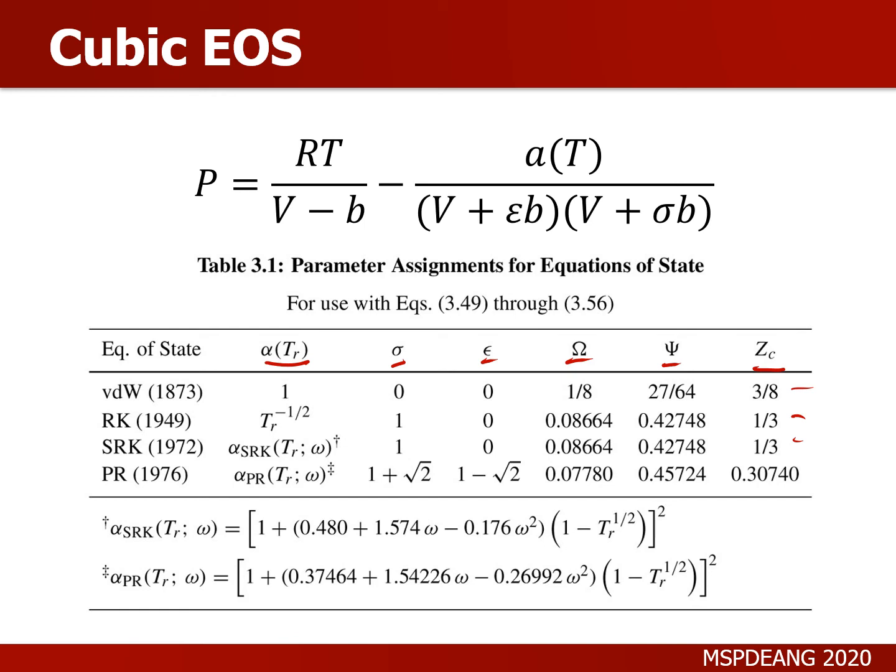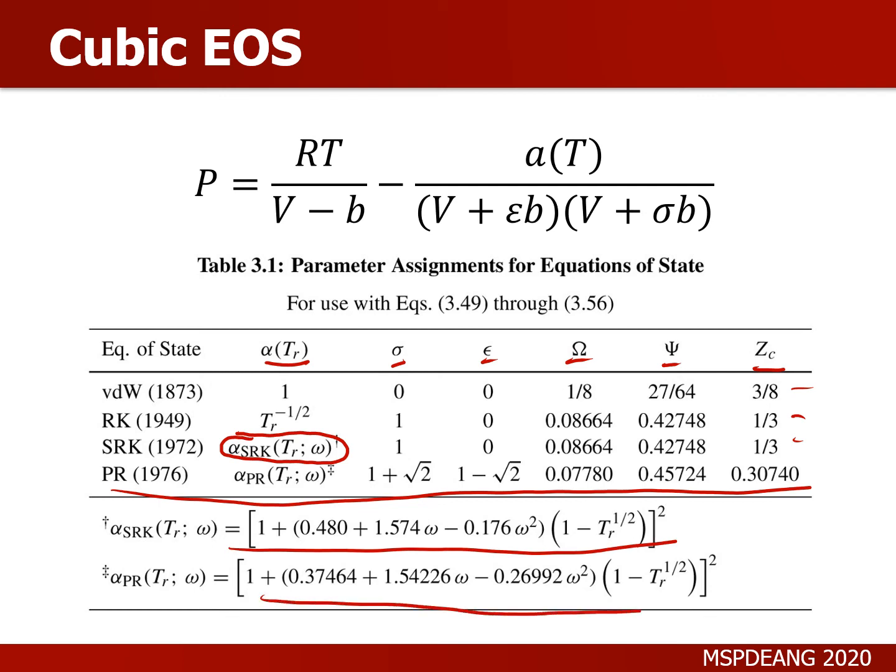In fact, the only difference of Soave-Redlich-Kwong from Redlich-Kwong is the alpha TR term. It just has a correction factor to account for the shape of the molecule, which is the eccentric factor. And Peng-Robinson is totally different. The alpha SRK and alpha PR are the following equations, dependent on both the reduced temperature and the eccentric factor.